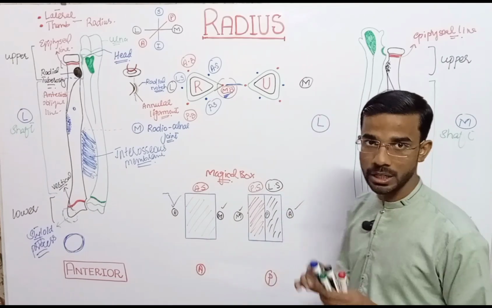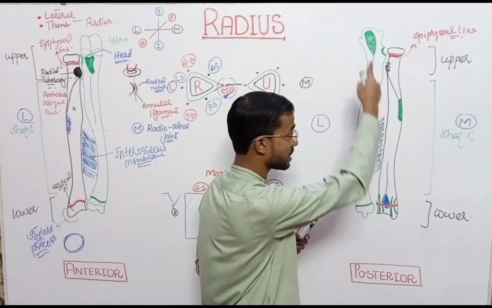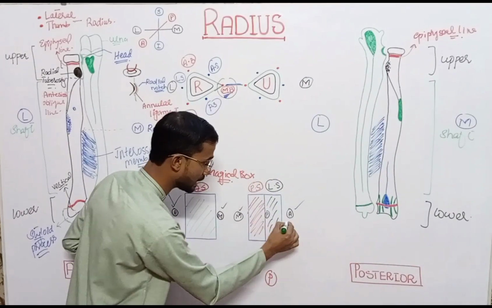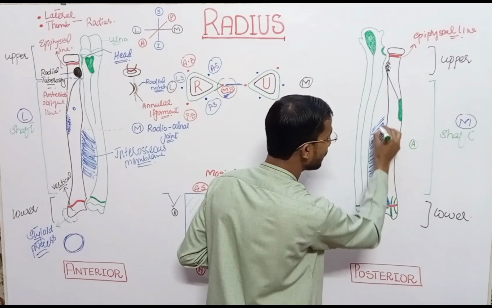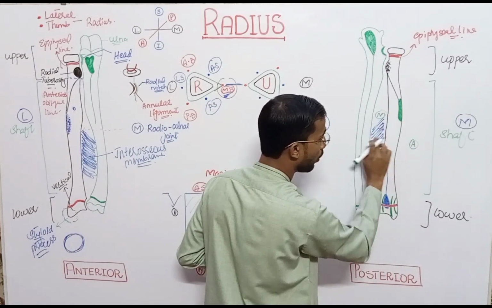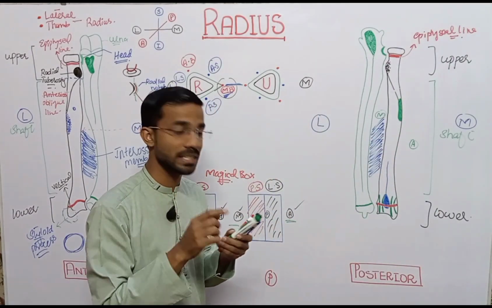And next is the posterior border. At the posterior side, at the center of the bone, between the anterior and the medial border, you will see the posterior border. It means it is present at the center.